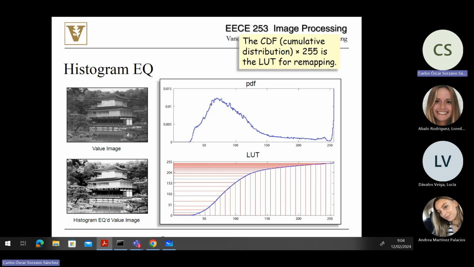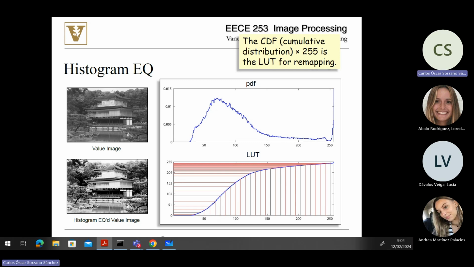So this is a kind of inefficient use of the dynamic range, these values that we can take. Some of them are very much used, but some others are very little used. So why not try to make all of them equally used?